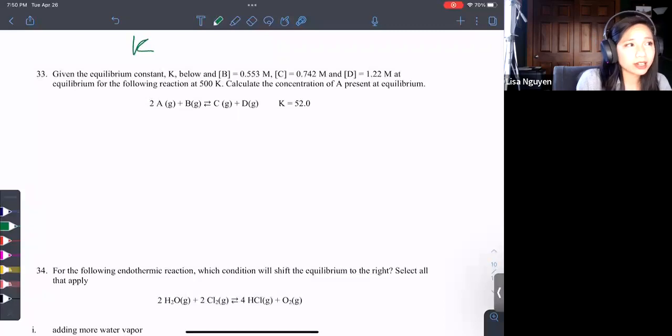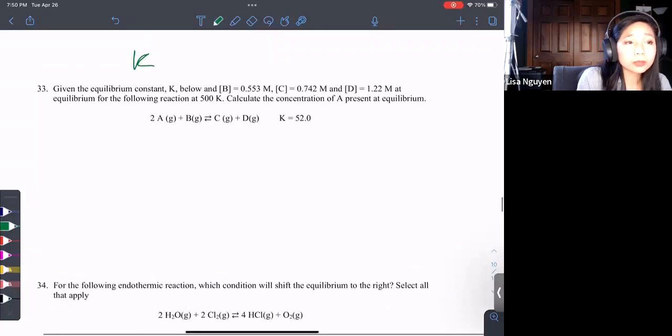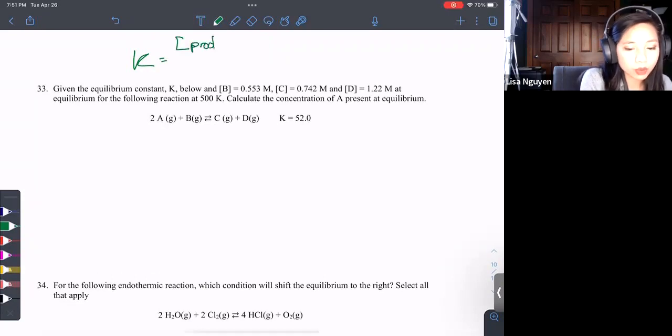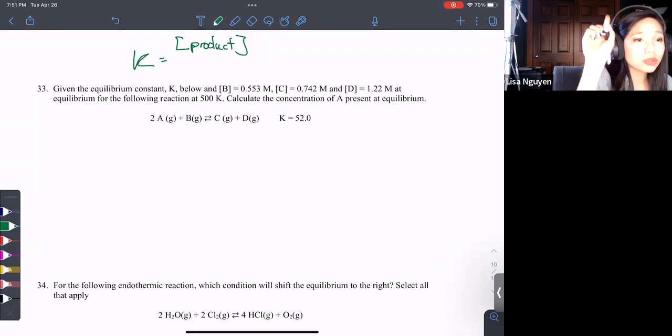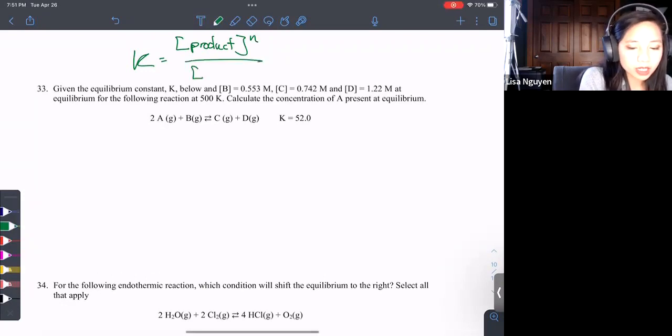To come up with an equilibrium constant, first we need the balanced chemical equation, where we take the concentration of the products to the power of the coefficients in the balanced chemical formula, and we divide by the concentration of the reactants. So make sure that your coefficients become superscripts, exponents.